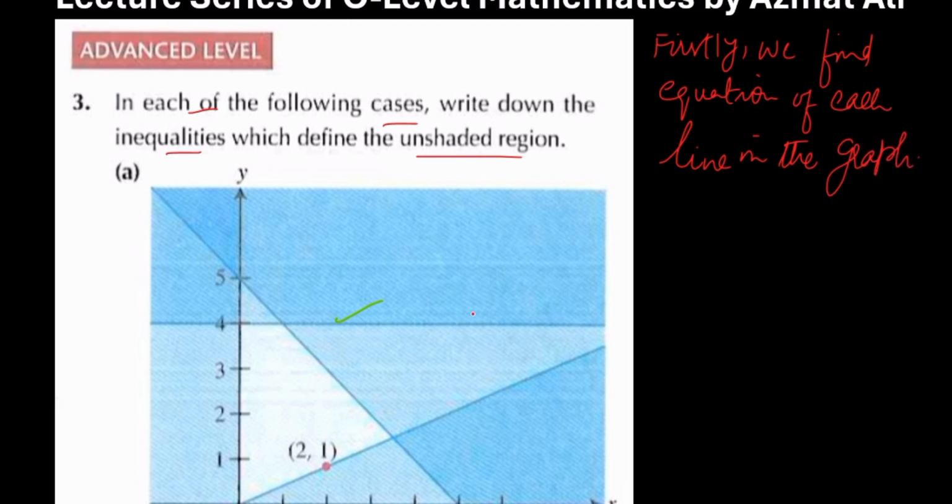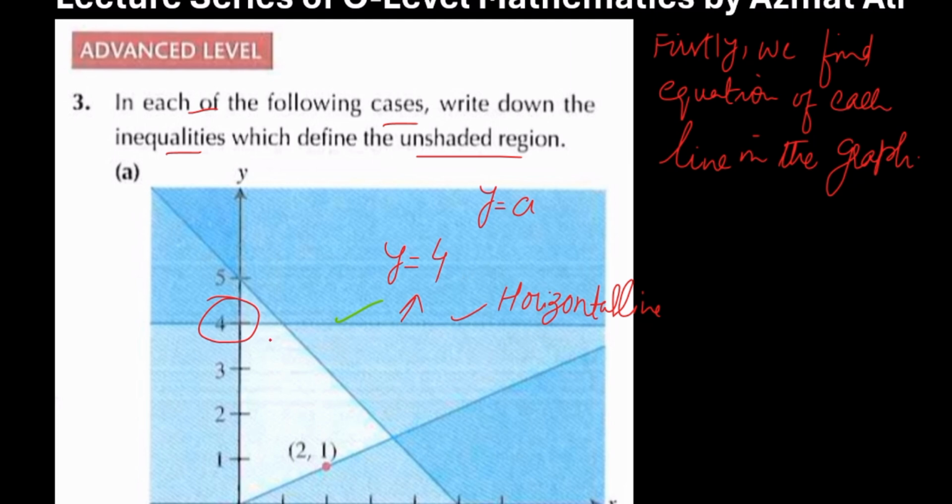The first one, this line, this is a horizontal line. You know, a horizontal line is always of the form y is equal to some real number, y is equal to a, y is equal to b. As this line passes through y is equal to 4, the equation of this line is y is equal to 4.